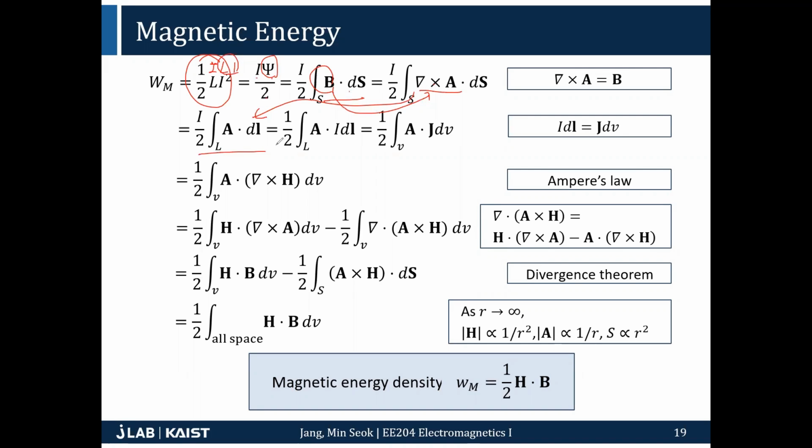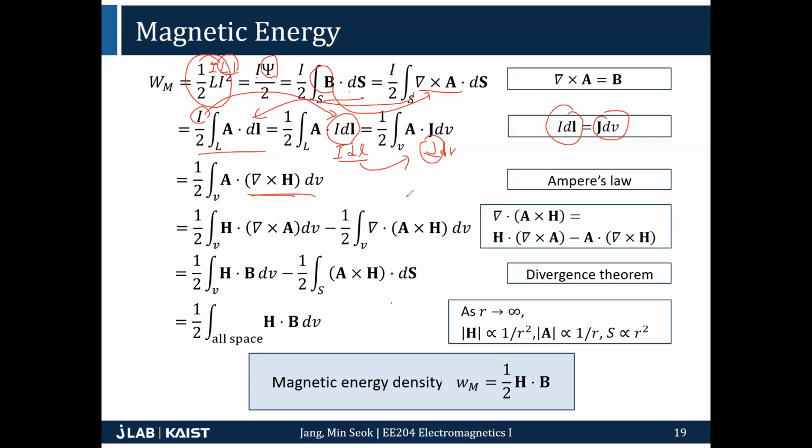Of course, we can put I inside; there's no problem putting I inside the integral. And then, I dl is the case of a line current, but the more general case is the volume current, so we change this to J dV. So I dl is actually J dV in the volume current case. And then J is curl of H. This is Ampere's law. J is curl of H. It's Ampere's law.